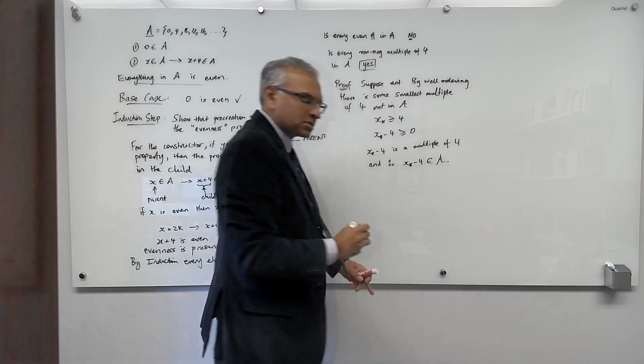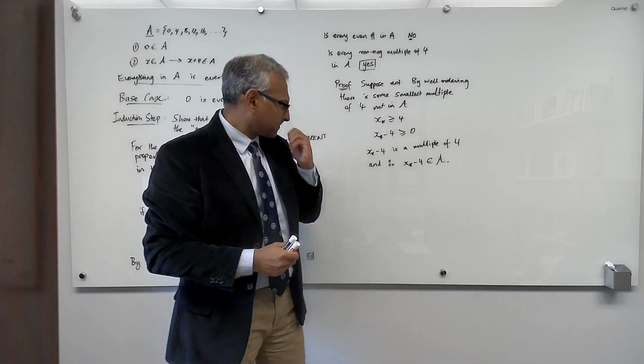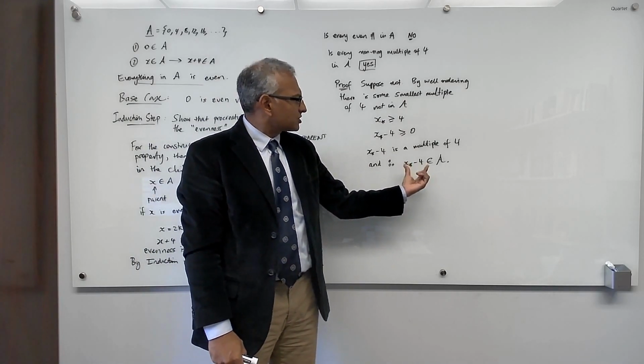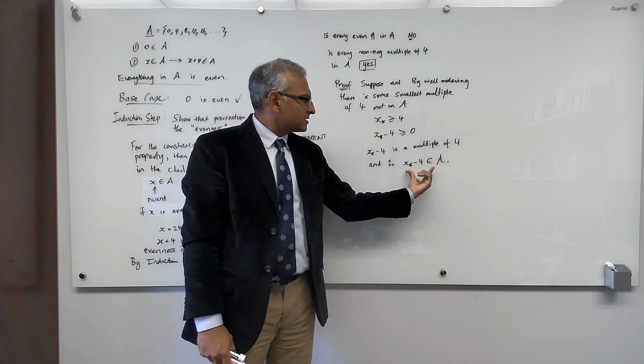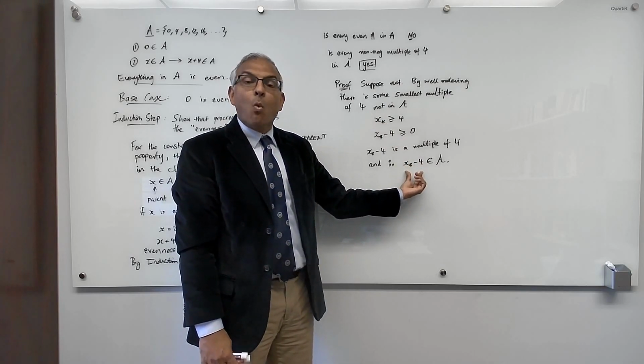Now this is the important conclusion. It's a multiple of 4. Now why do we know that it's in A? Because it's greater than or equal to 0, so it's a non-negative multiple of 4, and it's smaller than x star, so it must be in A. Why?